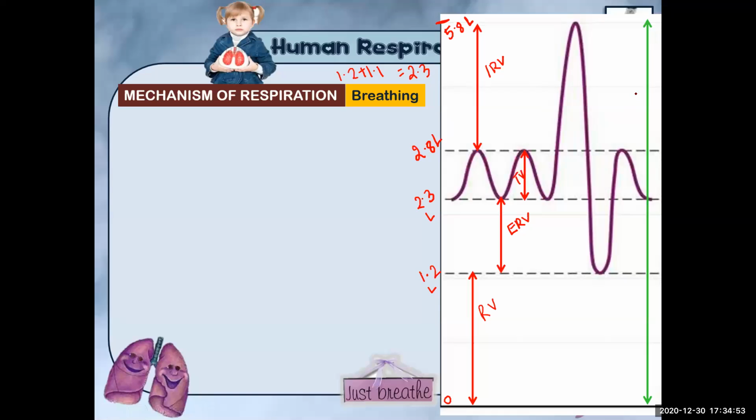What is this? This is TLC, total lung capacity. So whenever I have a combination, it is going to be capacity. When I have individual 4, they are volumes.